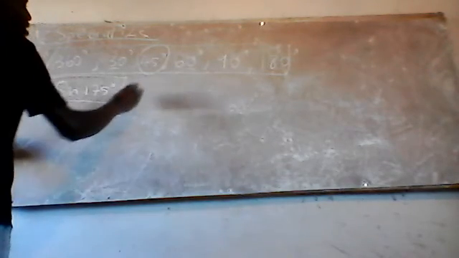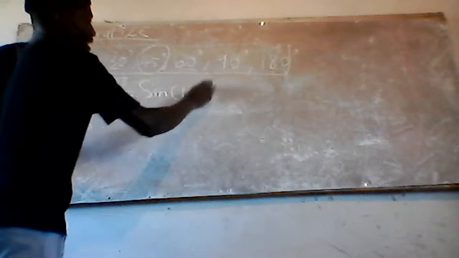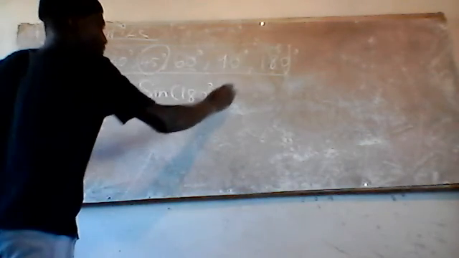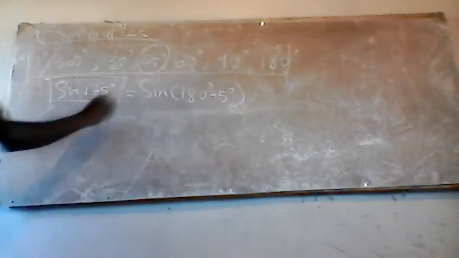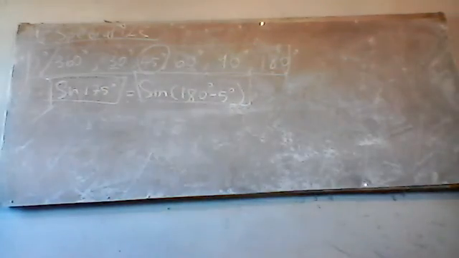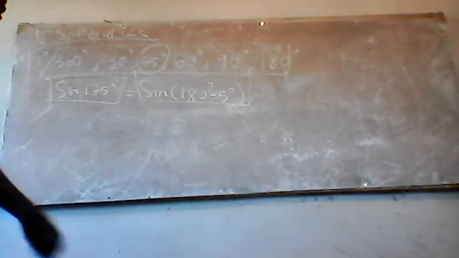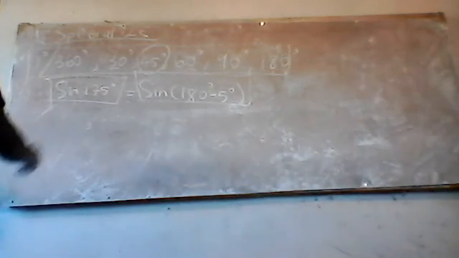So I can see that my sine of 175 can be written as sine of 180 degrees minus 5 degrees. This is what I want you to learn so far, to be able to express an angle in terms of the addition or subtraction of 2 or more angles.